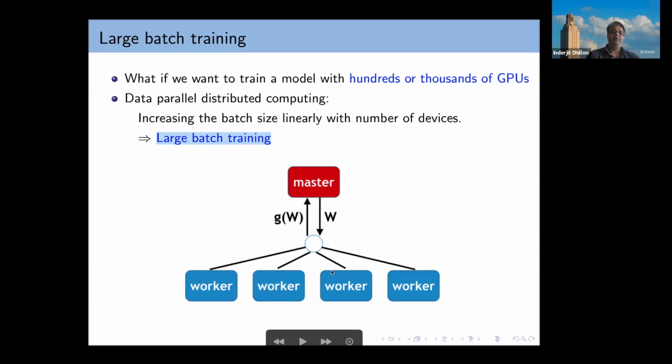What is actually done these days in very large LLM training is that not only do you have data parallelism, which means that different workers or GPUs can work on different data, but there's also model parallelism, which means that W is actually sharded or distributed across the workers.